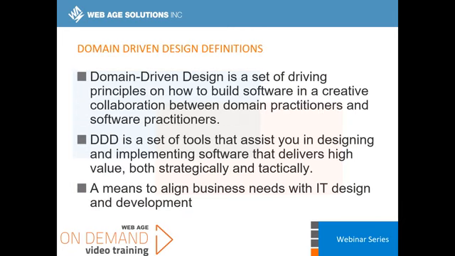So there are a number of definitions here that we need to consider.